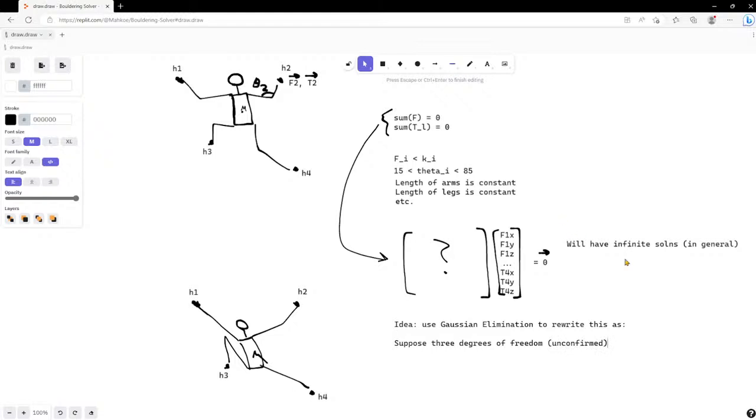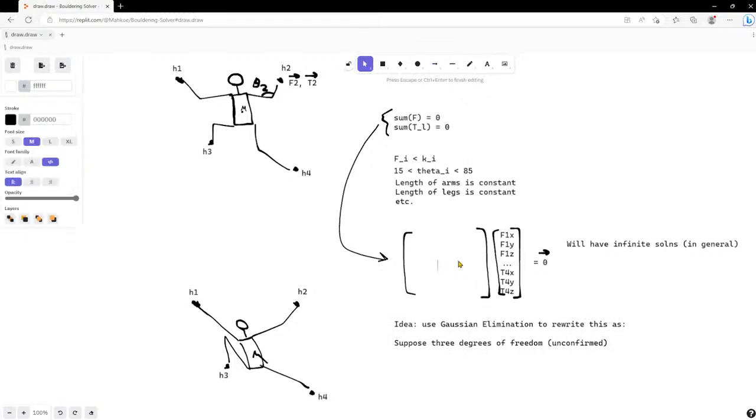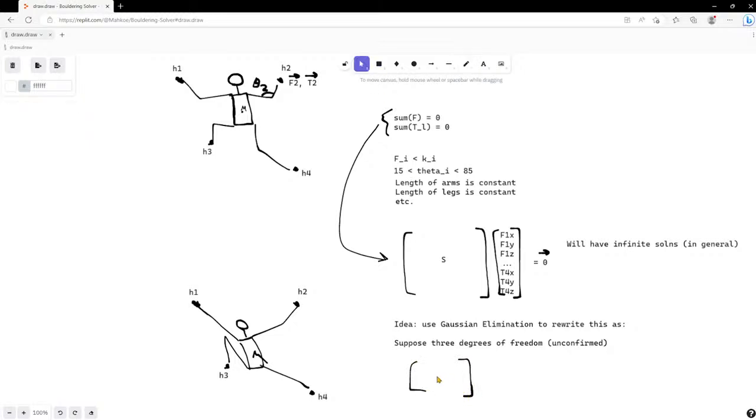Then what I want to do is figure out, so let's give this matrix a name. I'll call it S for sum of forces. And we're going to make a new matrix here, which is going to be smaller. I'm going to call this R for reduced or something.